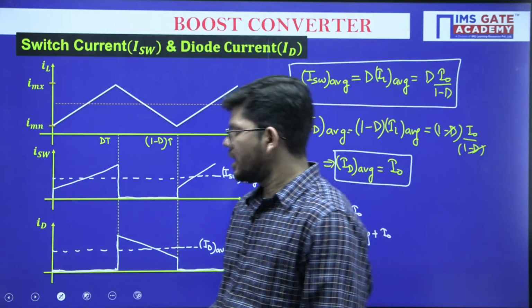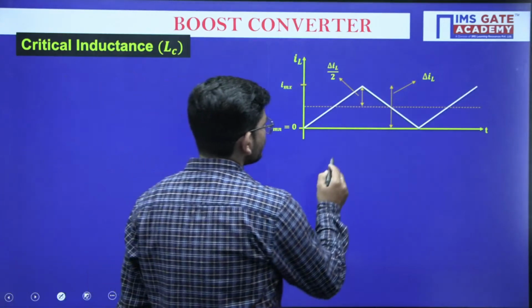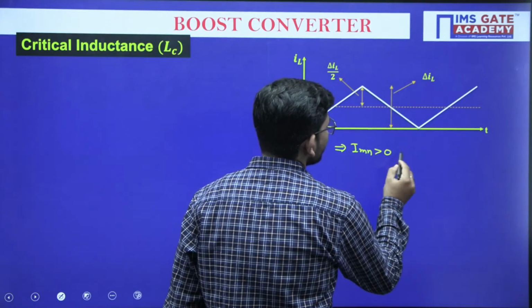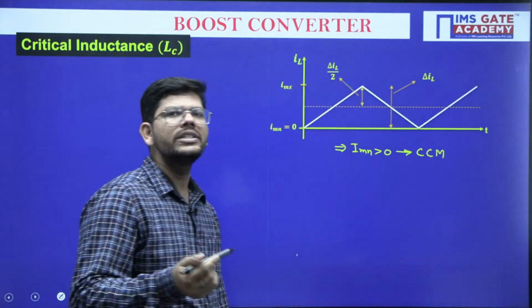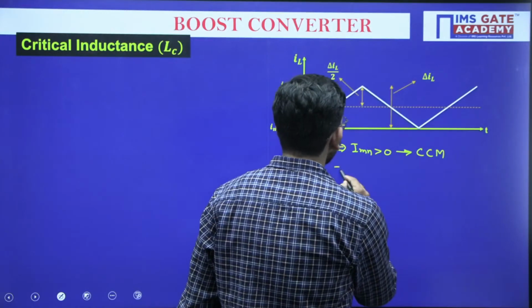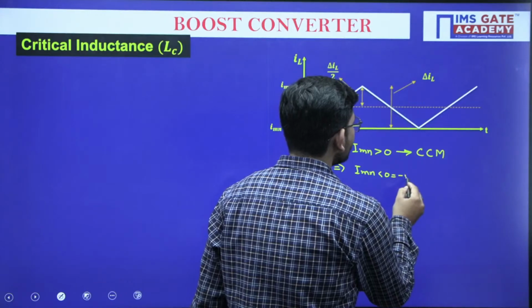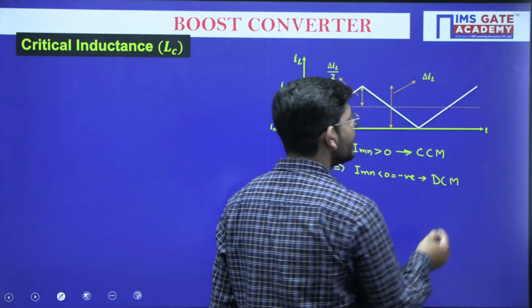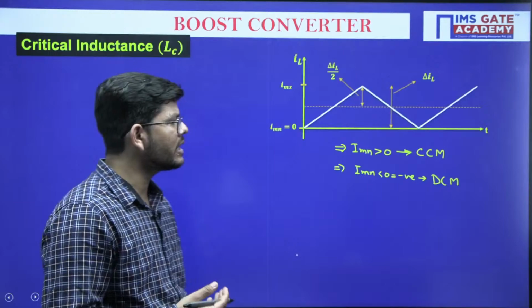That is continuous conduction mode, CCM. If I minimum is less than 0, meaning it is negative, then we are in discontinuous conduction mode.